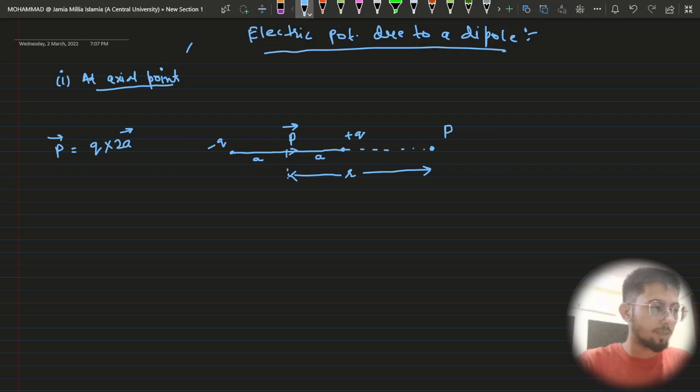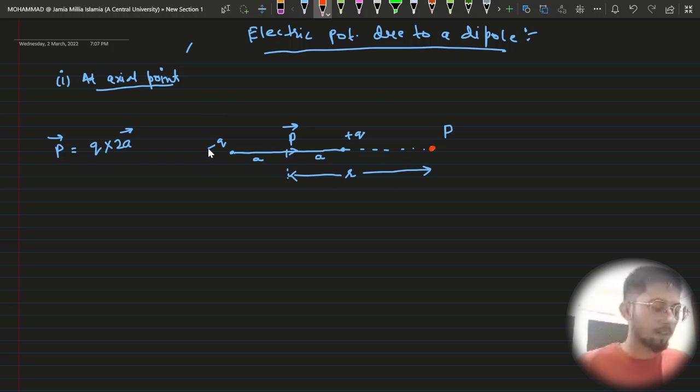So it is very easy, right? You will find the potential due to each one of these charges and then simply add them, because the electric potential is a scalar quantity. So you want to find the potential at this point. The potential at this point will be because of these two charges only, because there are no other charges lying here.